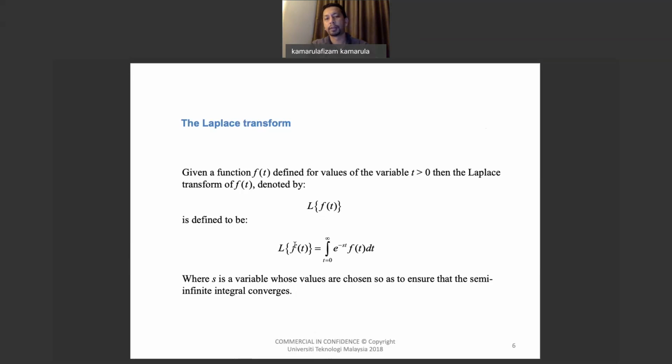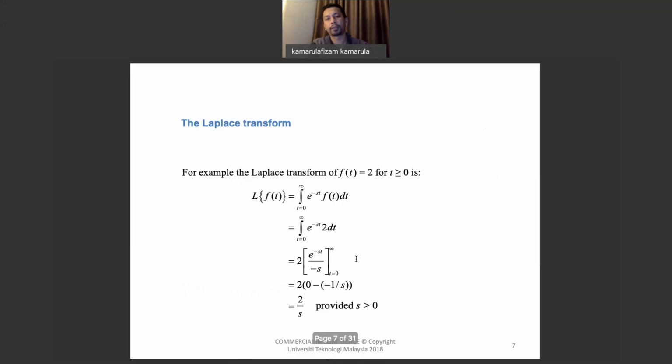The correct definition of the Laplace transform is the improper integral from 0 to infinity of e to the power of minus st, times our function f of t, dt. So this is where the s came from. This is the actual definition of the Laplace transform.